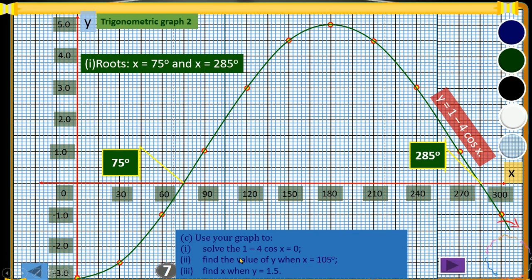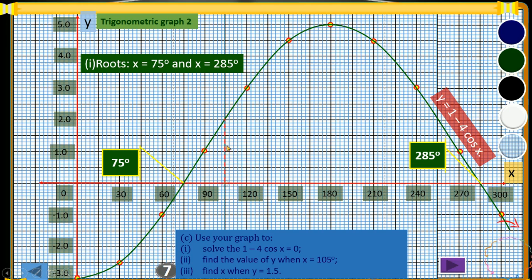Number 2, find the value of y when x is equal to 105 degrees. 105 degrees should be, this is 90, add 15 to 90, that is 105, that's this point. So now is the point where x is equal to 105 degrees. So we're going to draw a line to trace that up to the curve.